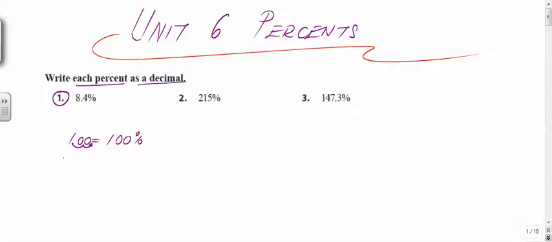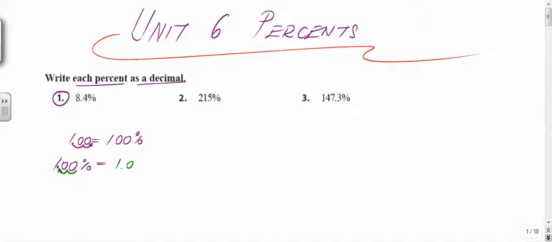Now, to go backwards from 100% and change it into a number, I'm going to move my decimal point 2 steps to the left, and this will give me 1.0 in short. Okay?